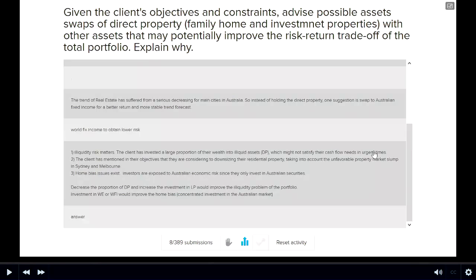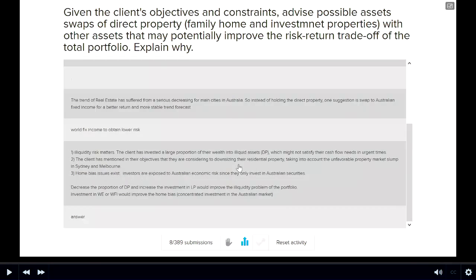That's very good. You consider the asset swap and also the risk in the client case, in the context. Downsizing, home buyers issue exists, Australian economic risk, that's excellent.